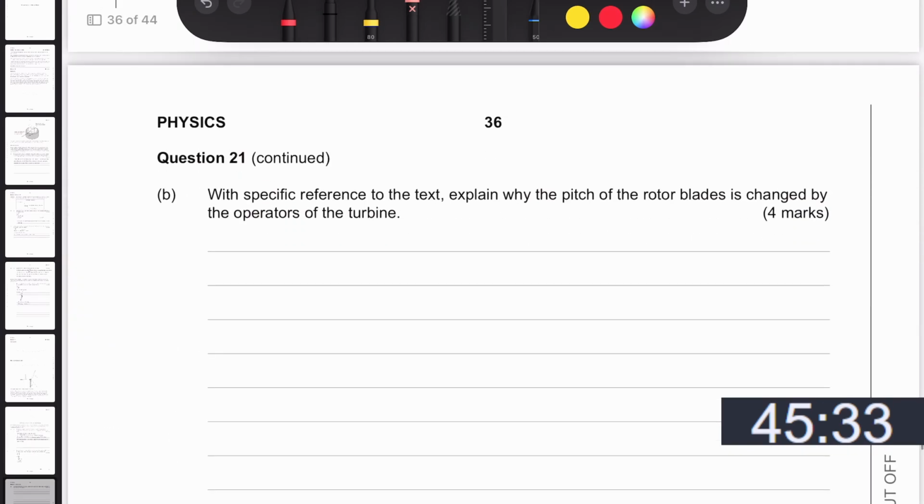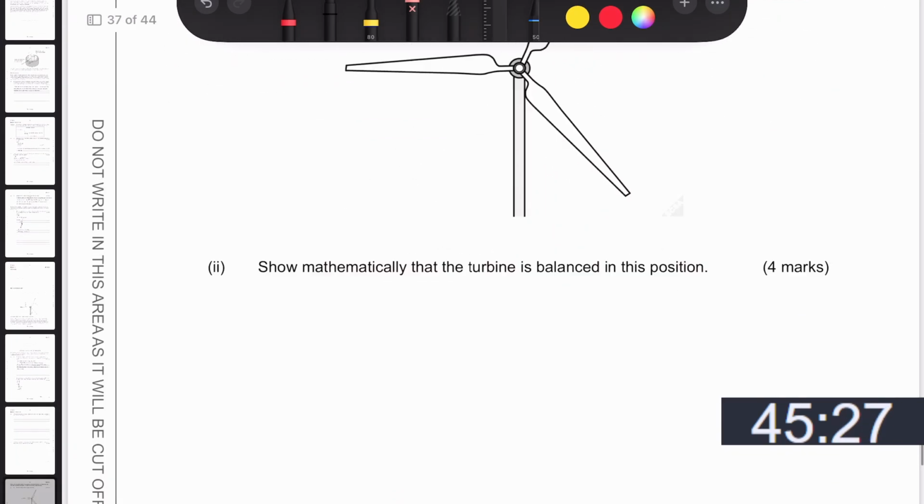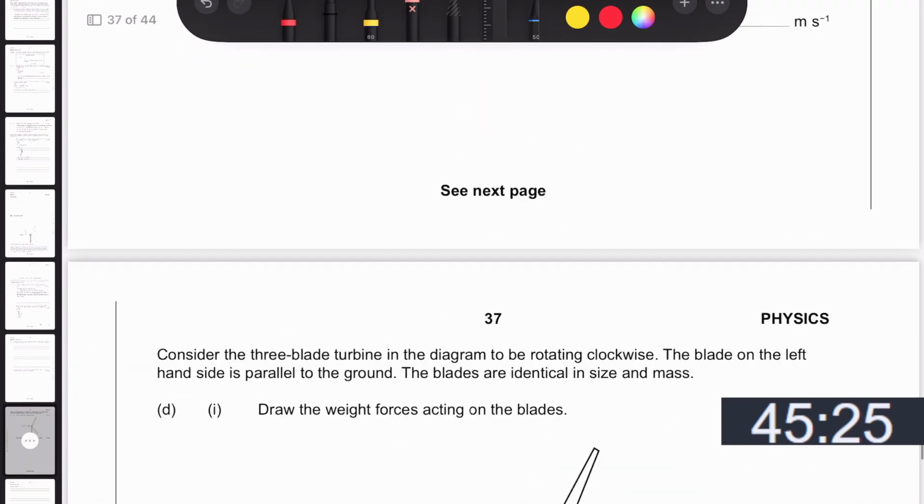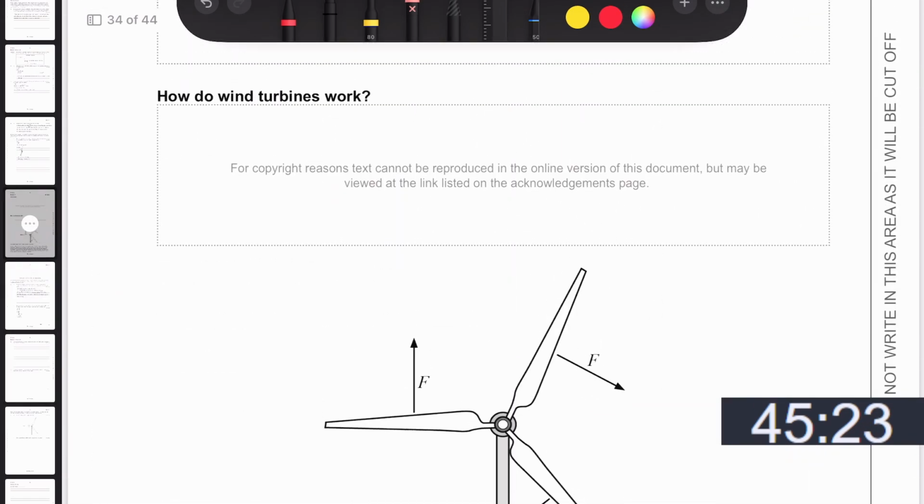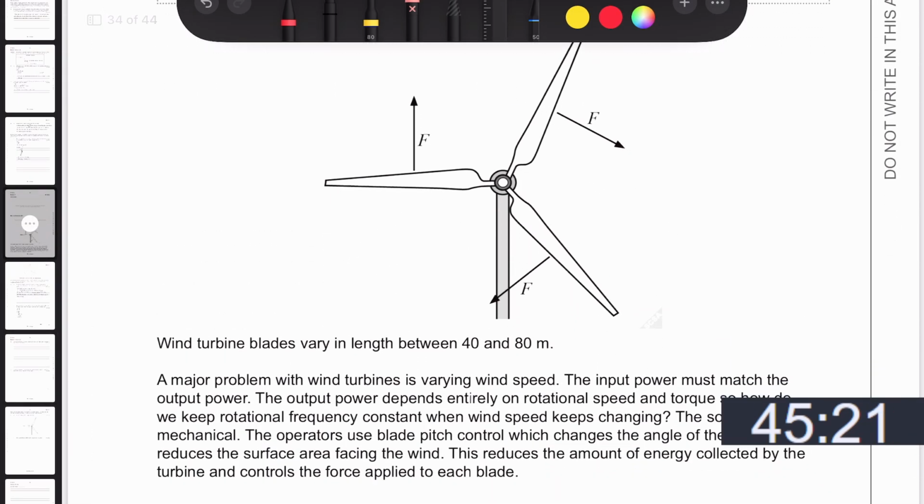With specific reference to the text, explain why the pitch of the rotor blades is changed by the operators of the turbine. So I have 2 pages left. Wow, we finished this exam early. So as pitch talked about here, wind turbine blades vary in length between 40 and 80 meters. A major problem with wind turbines is varying wind speed.